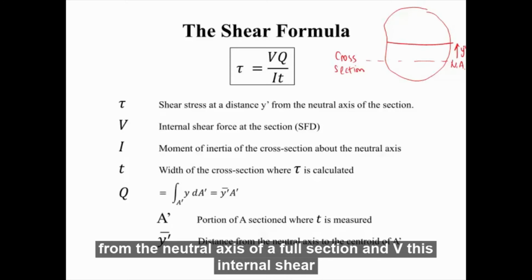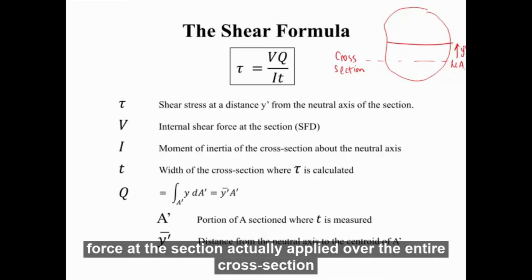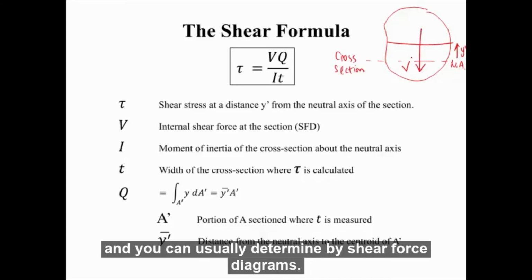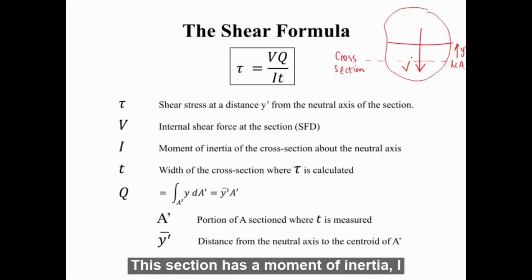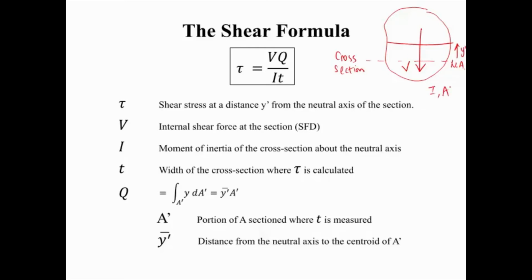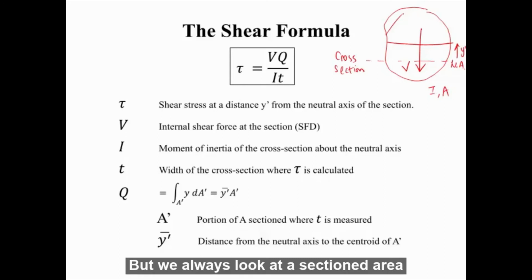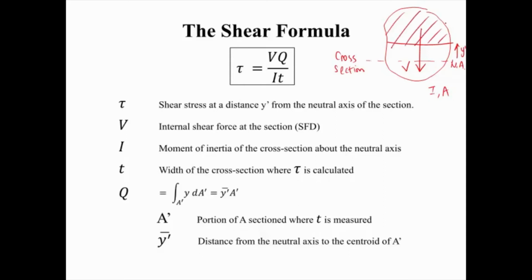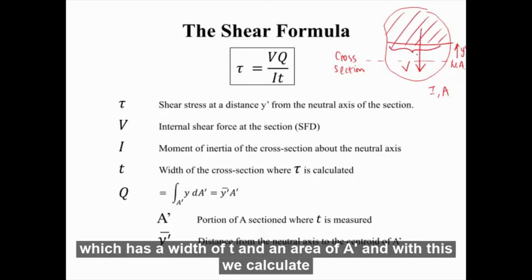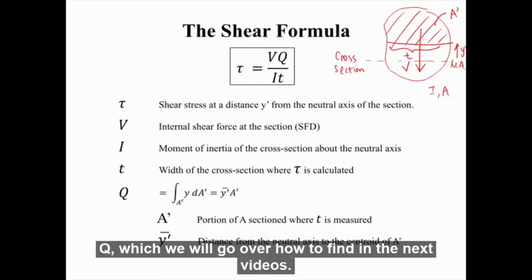And V, the internal shear force at the section, is applied over the entire cross-section, and you can usually determine it by a shear force diagram. This section has a moment of inertia I and a cross-sectional area A. But we always look at a sectioned area, which has a width of t and an area of A prime. And with this, we calculate Q, which we will go over how to find in the next videos.